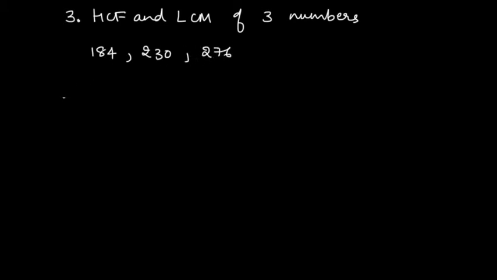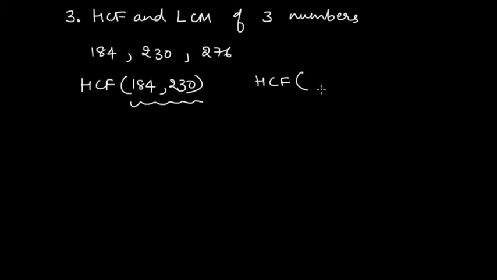So the way we do HCF is, first we find HCF of 184 and 230, and then whatever the result here is, we find the HCF of that number and 276. So let's say this is some number x. So we would do x and 276.